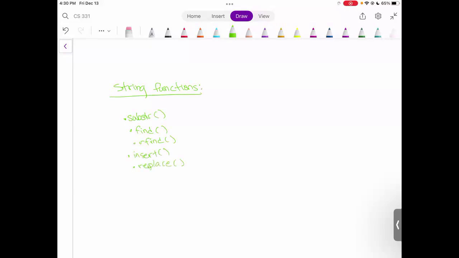I don't know which ones he taught you guys yet. Let me see what else. Dot insert, dot replace, rfind. There's dot erase also. But if I remember correctly, these three are the ones you'll find the most.